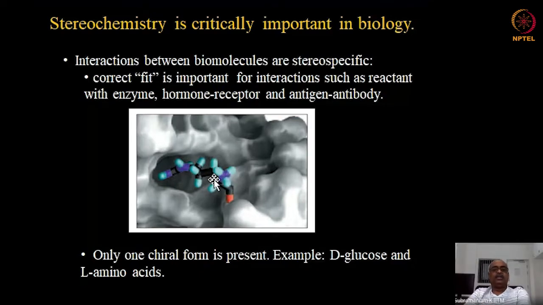As shown here, the ball and stick model of a ligand fitting to a receptor, or it could even be a substrate on an enzyme's active site. In that cavity, only this arrangement of these constituent atoms can fit snugly, and any variation on it will not fit.